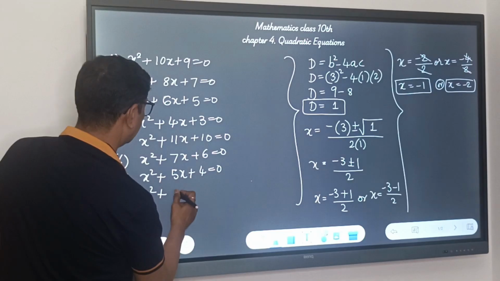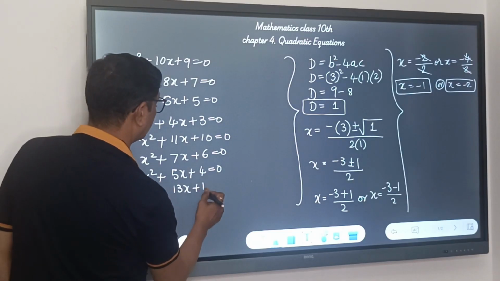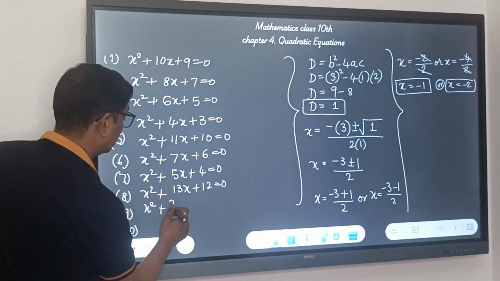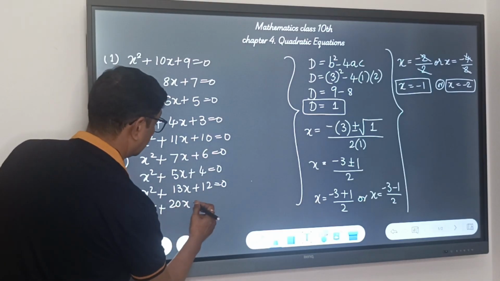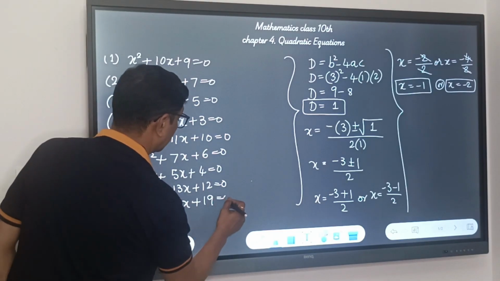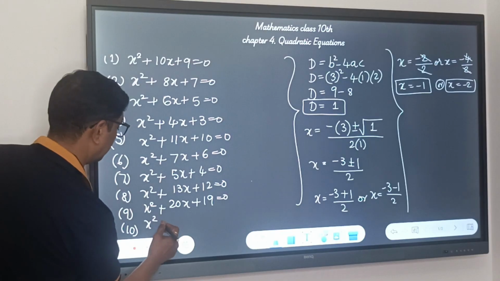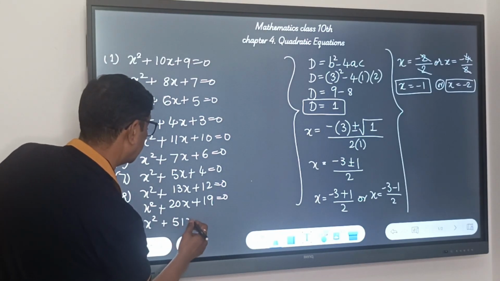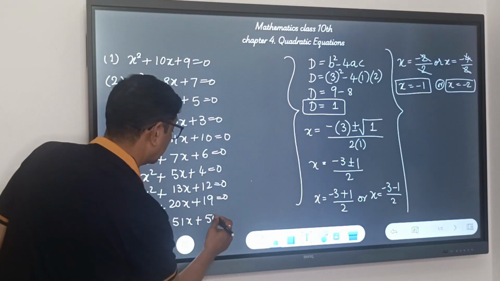X square plus 13x plus 12 is equal to 0. X square plus 20x plus 19 is equal to 0. X square plus 51x plus 50 is equal to 0.